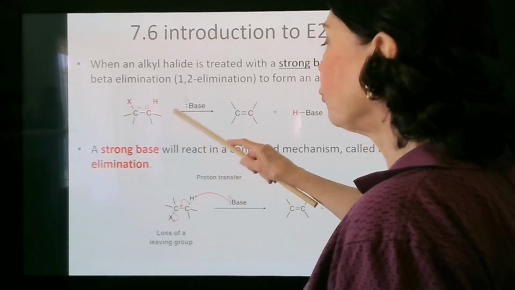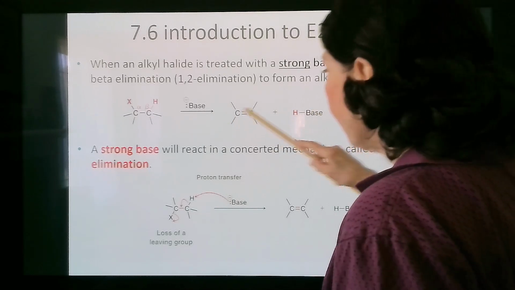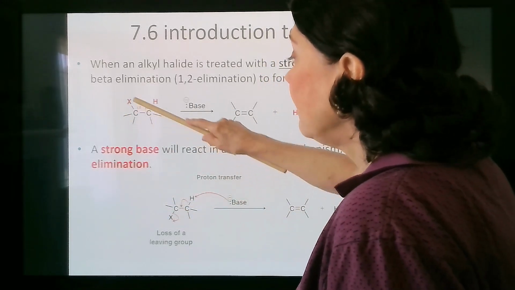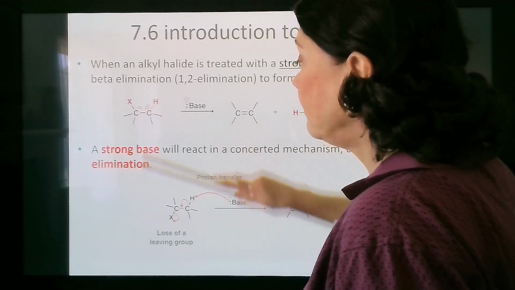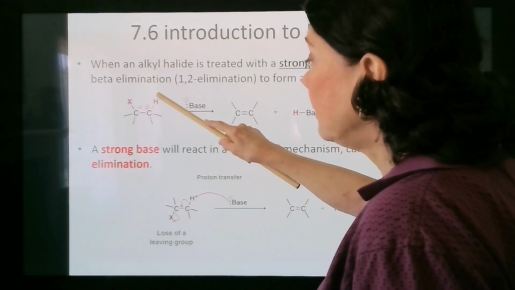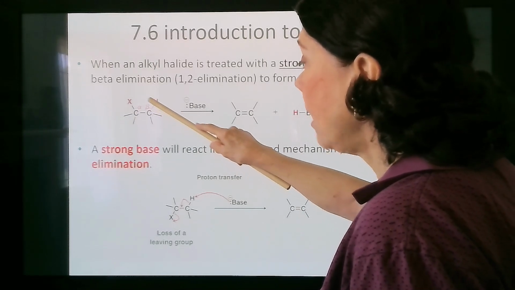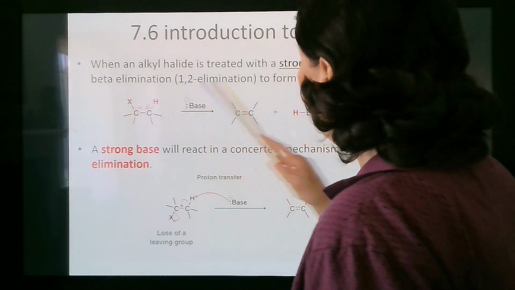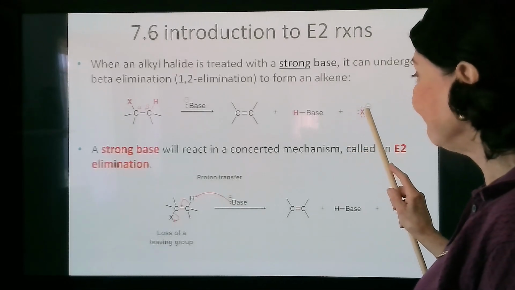So it's treated with a strong base, so it can undergo this elimination reaction, eliminating H and X, where you have the leaving group at the alpha position and a proton at the beta position. So the base comes in, plucks off the proton, the pair of electrons in the carbon-hydrogen bond moves in, forms the pi bond, and then X departs with a pair of electrons, as you can see over here.